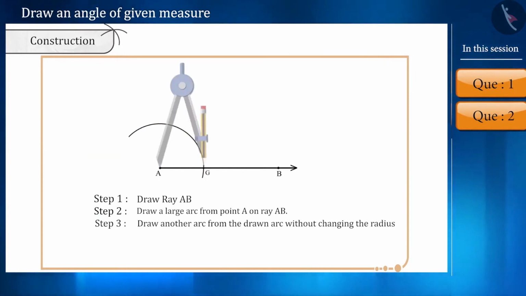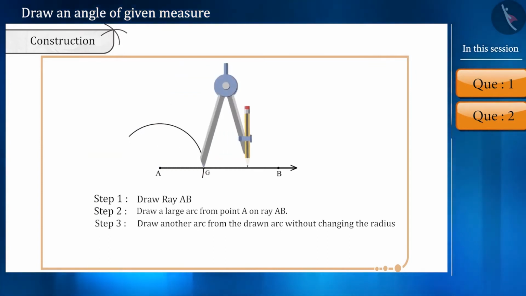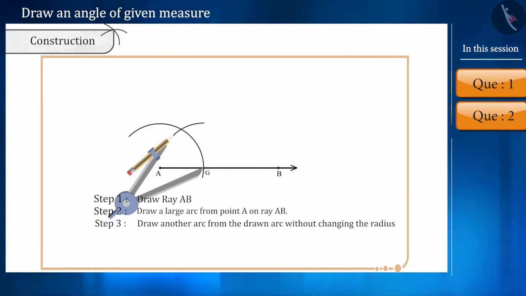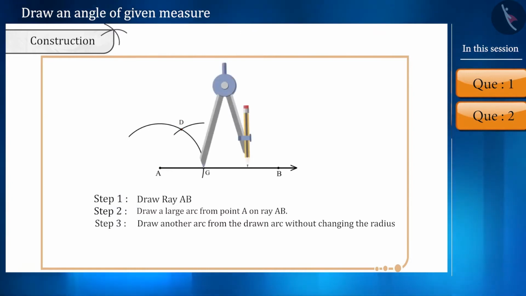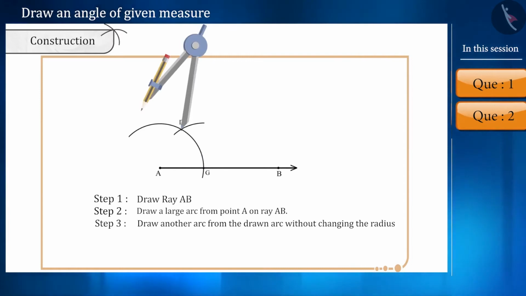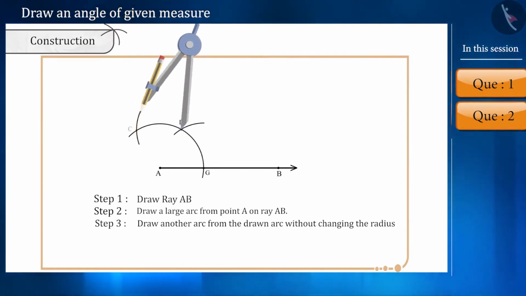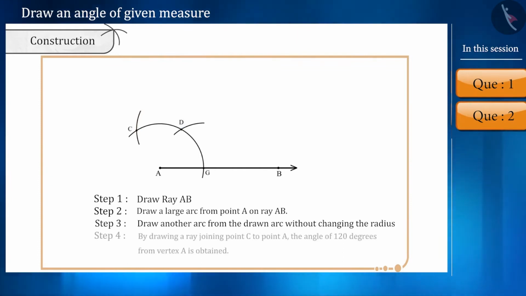Now, without changing the radius, from this point of intersection, draw an arc in such a way that it intersects the arc drawn from point A at D. Once again, with the same radius and intersecting the larger arc from point D at point C, another arc will be drawn. Finally, drawing a ray joining vertex A to point C, an angle of 120 degrees can be obtained.